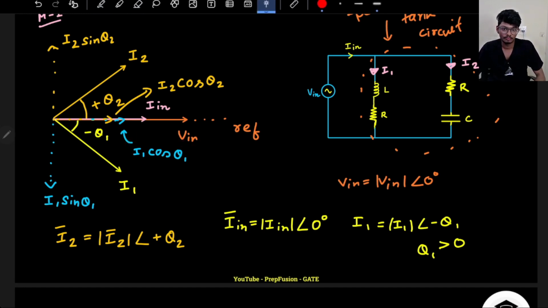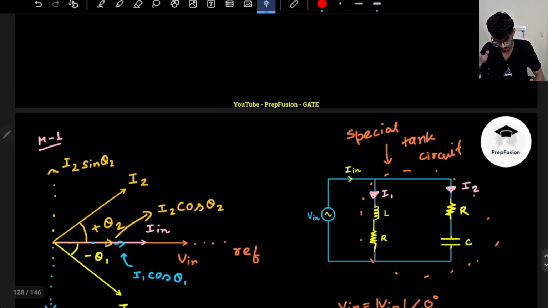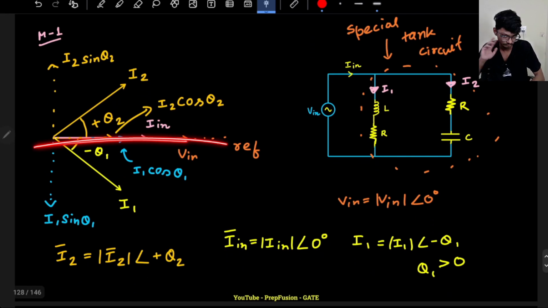Now the important point is that I in will be in phase, and I in is the combination of I2 and I1, so of course the y components have to cancel each other out. If they don't cancel, I in will have some phase angle either here or here, which is not possible. All of the components should be in the x direction only.